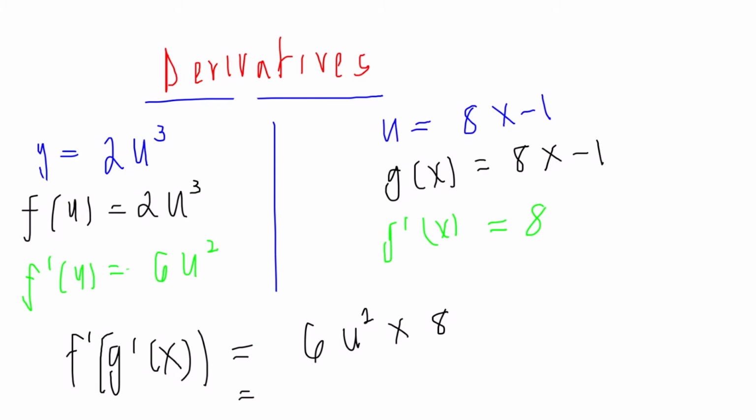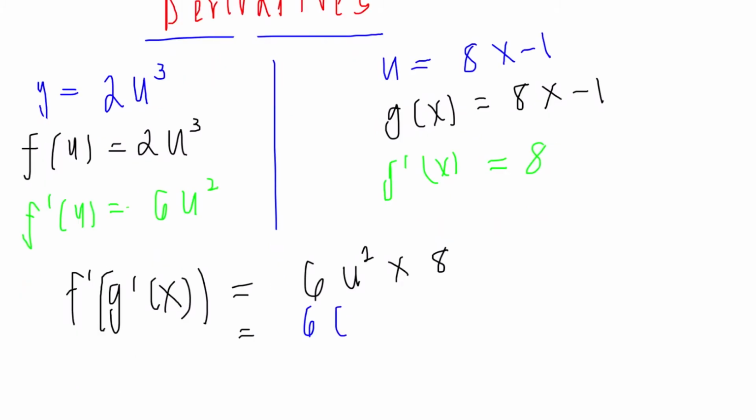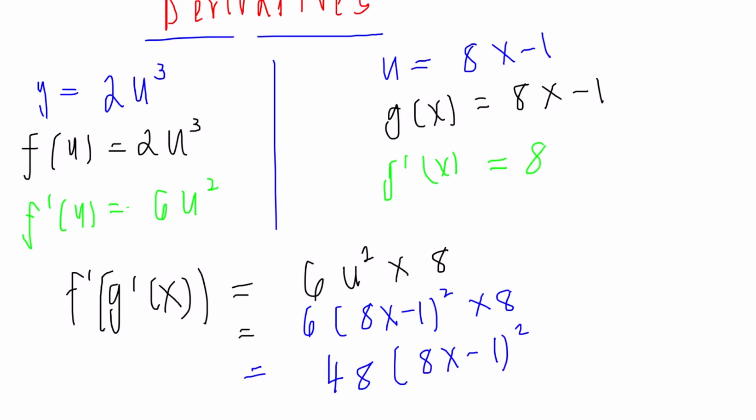We can substitute for u: instead of u, we write 8x minus 1, and then we square it, then multiply with 8. So this just gives us 48 times (8x minus 1) squared. That is the overall derivative for that composite function.